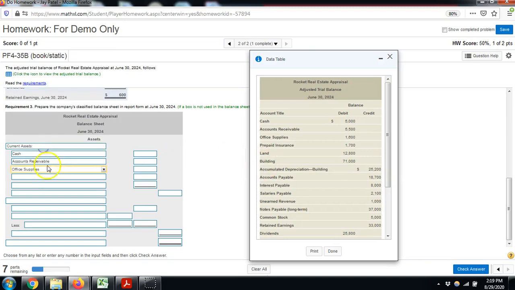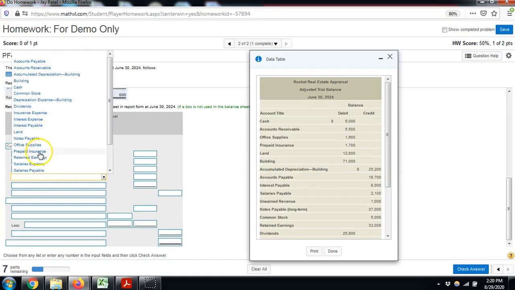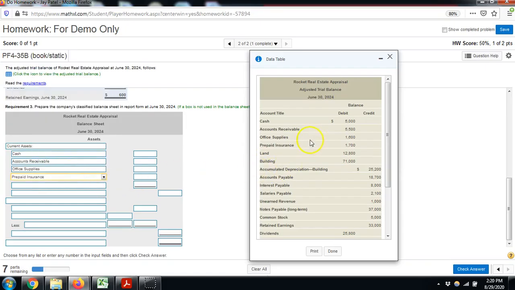So let's add these. We're making an assumption prepaid insurance could be for multiple years, but typically it's a year or less. So I think that's a pretty safe assumption, and so that's why it's included in the current assets section.